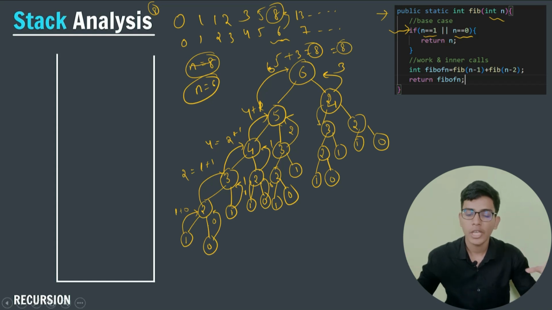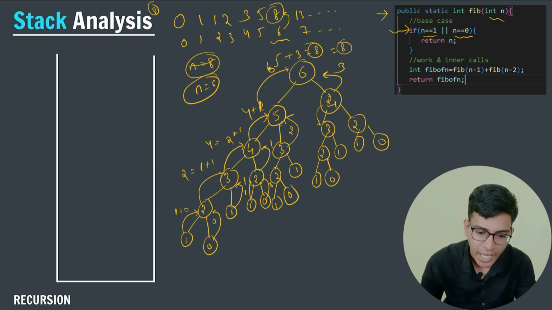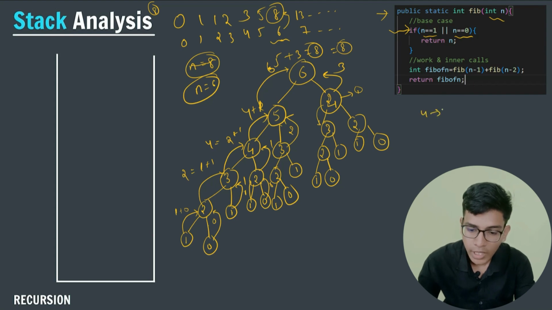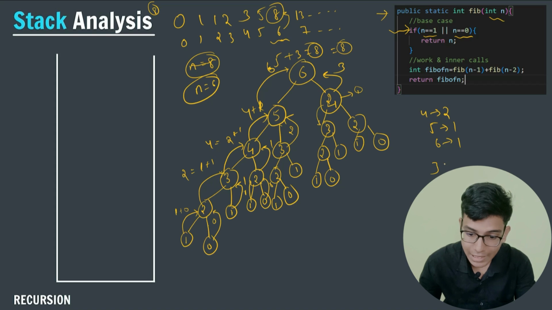So this is how a huge tree-like structure of function calling takes place for my Fibonacci numbers. And you can see that here I am calling 4 two times, and I am calling 5 one time, and I am calling 6 one time, and I am calling 3 three times.